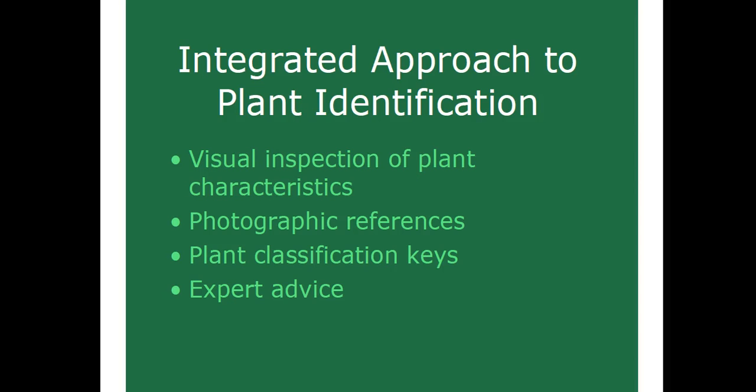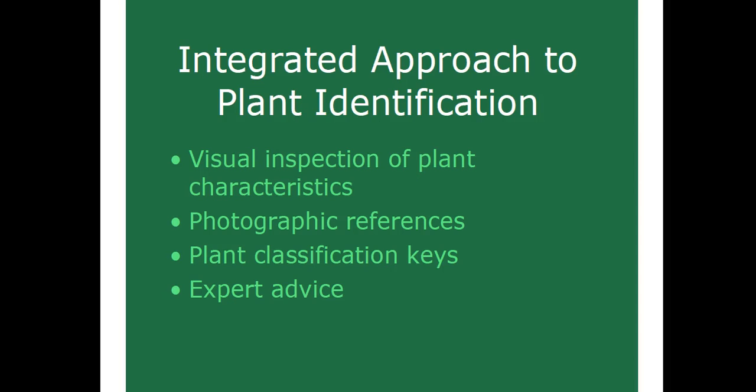So I've talked about our integrated approach to plant identification and how I really prefer to try to use all of our senses. But in general, we're going to use visual inspection of the plant's characteristics. We will use some photographic references, as we already have in class, and oftentimes the internet is a useful tool, especially when it comes to Google.